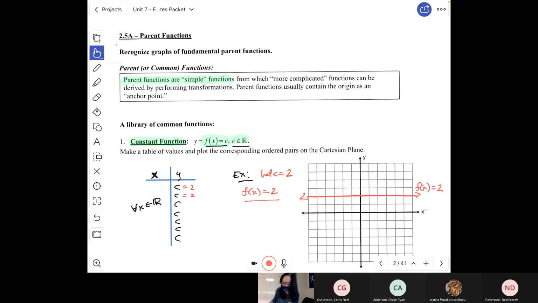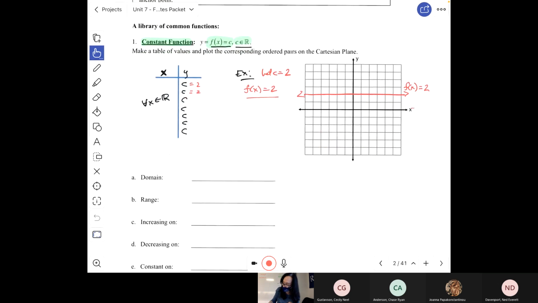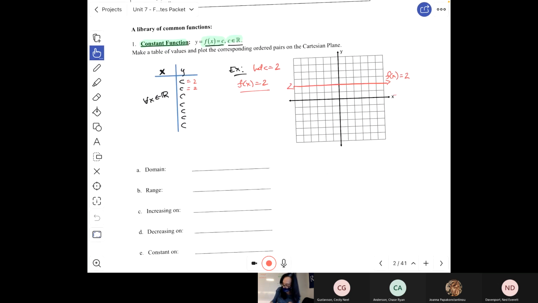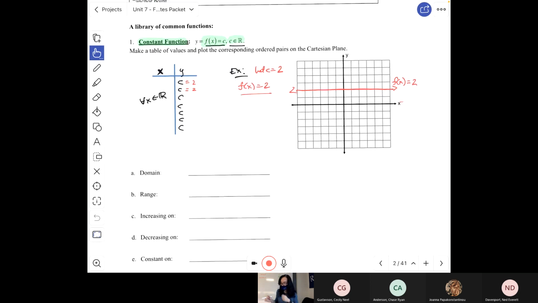Now, we talked a lot about some characterizations of these graphs, in particular, the following characterizations. So what would the domain of the constant function be? Not the example, just the constant function in general. What would the domain be in interval form?